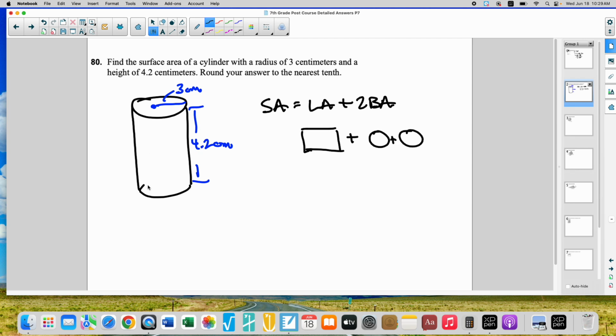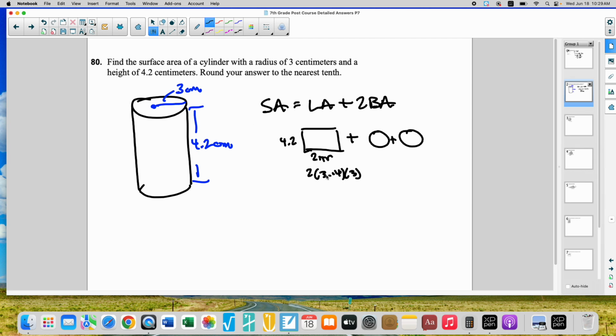That lateral area, the waist of it, is going to be: the height is 4.2 because it's the height of the cylinder. And then the length is going to be the distance around. If we slice it open, that's going to be the circumference, or 2 pi r. So that will give us the lateral area. 2 times 3.14 times the radius, which is 3.